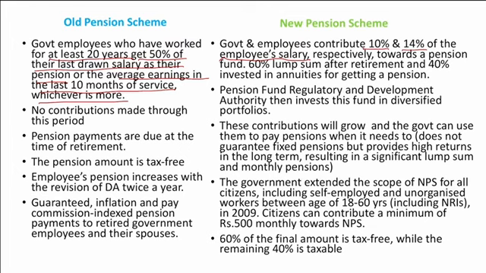See, imagine that the last drawn salary of a person who had worked for 20 years was 20,000 rupees. Then he is assured that at the end of every month post retirement he would get at least half of it, 50% of it, that is 10,000 rupees.